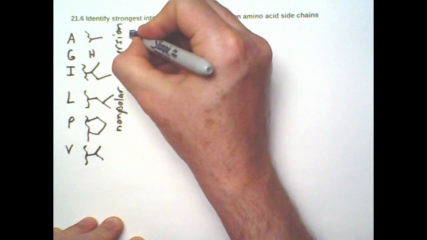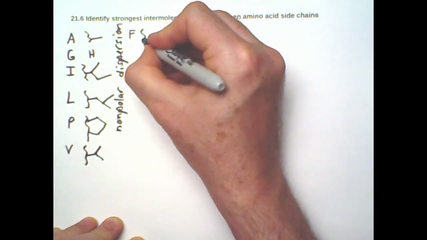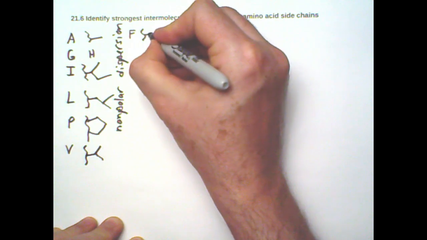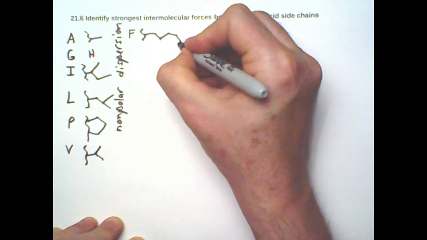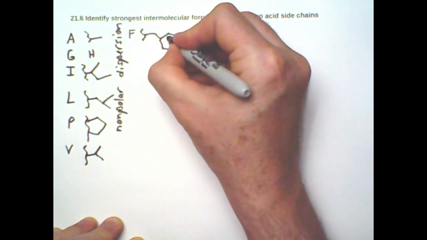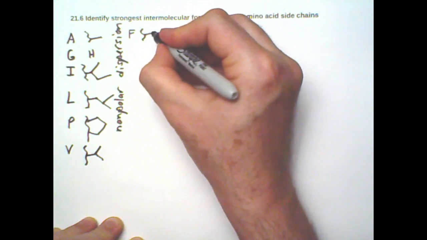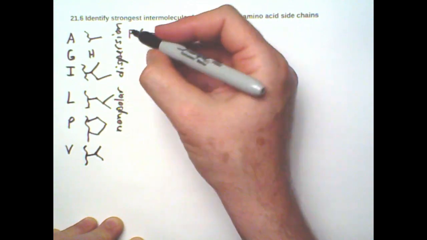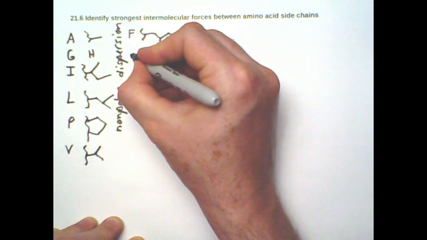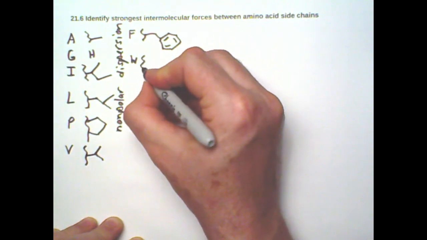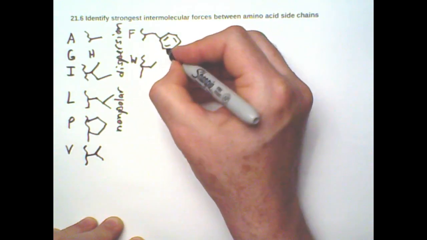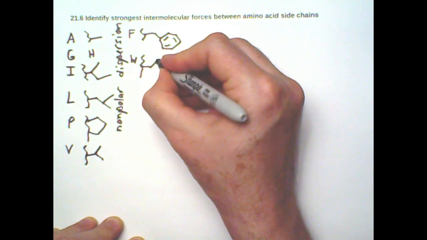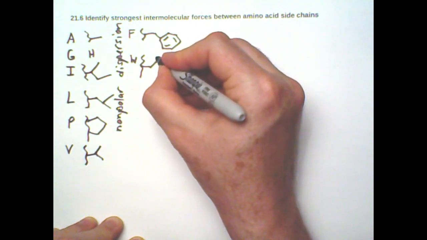Phenylalanine, there's the methyl of alanine plus the phenyl group. Tryptophan, should have gone a different direction with it.